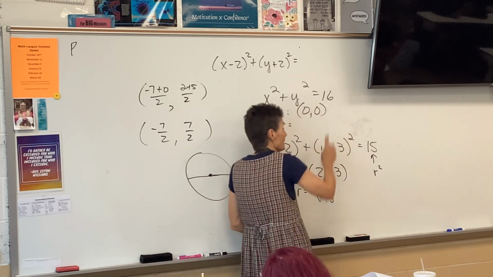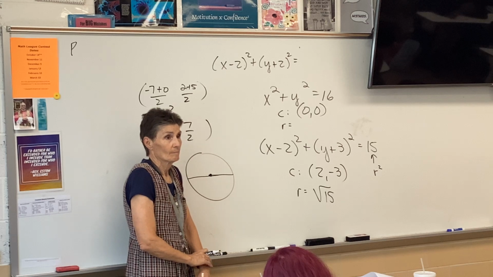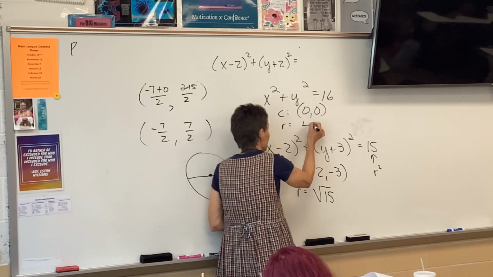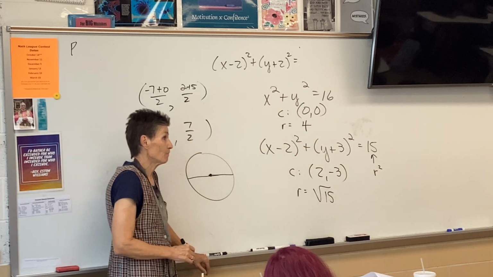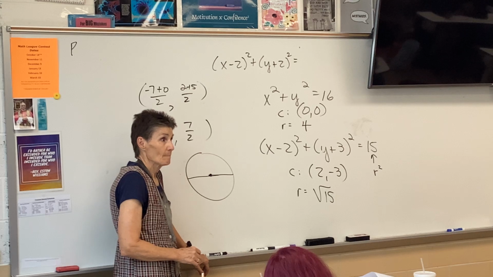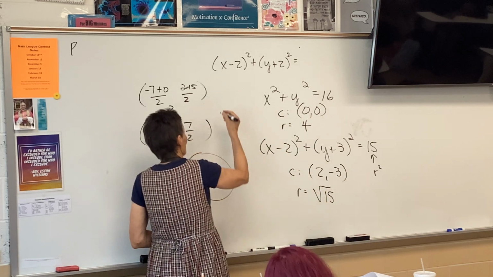That's a 16. Any guesses what the radius of that circle is? 4. Square root of 16, which is 4. Perfect. So one more. This one, you don't have to write this down. Let's just make sure we got it.